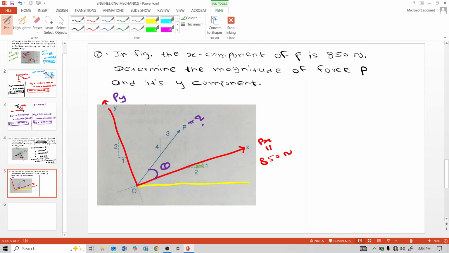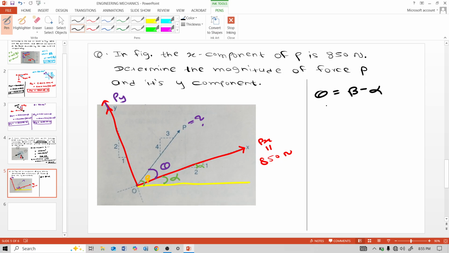So geometrically this will also be alpha, and the angle between this force P and the horizontal yellow line, assume that angle as beta. So here our objective is theta. So this theta is equal to the whole angle beta, the angle between that force and that horizontal yellow line, minus alpha, the angle between that horizontal line and the x component of that force P.